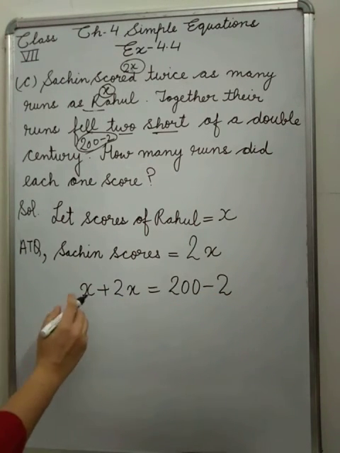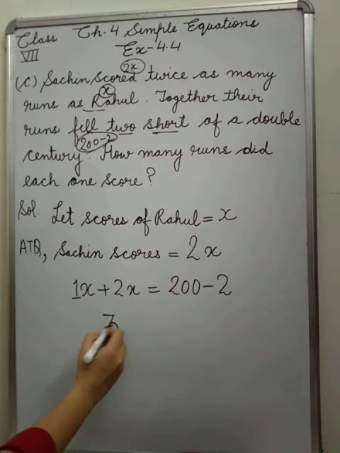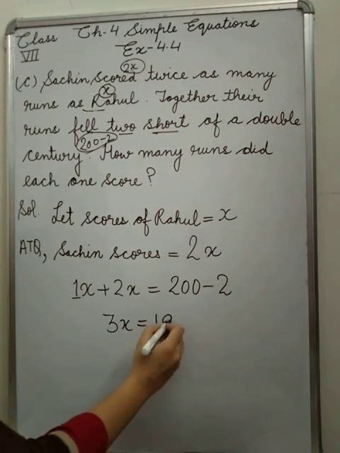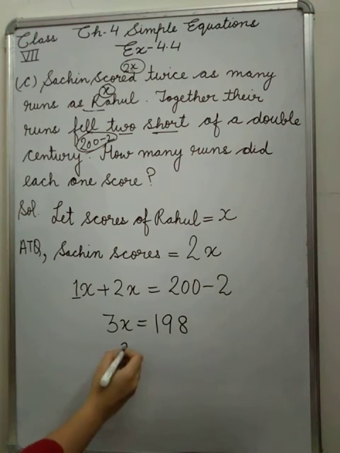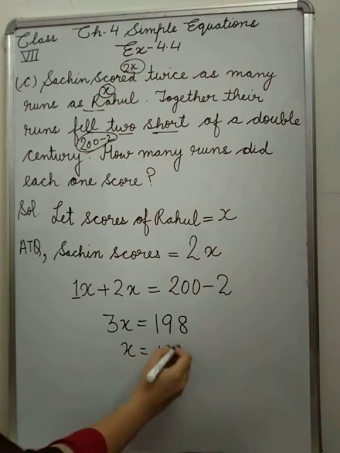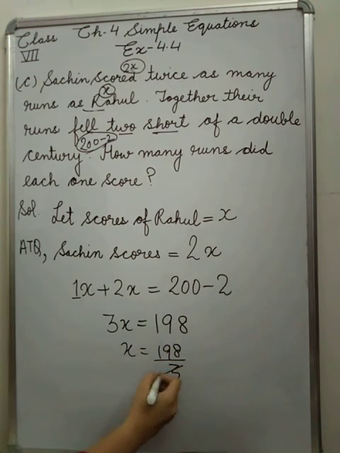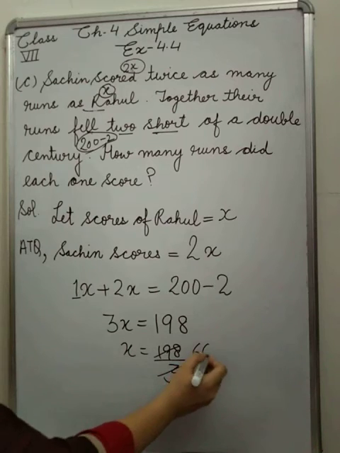Here no number is there, that means 1, so this is 3x equals 198. Now x equals 198 upon 3, that means the value of x is 66.